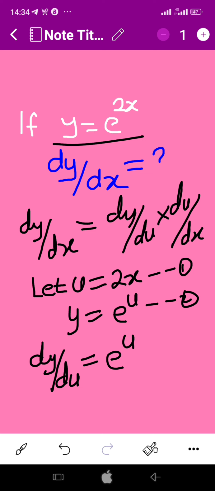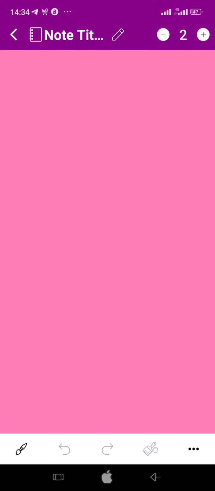Nothing changes. Now let's go to the next page and determine du/dx. du/dx will be determined from equation 1. Now equation 1 says u equals 2x.